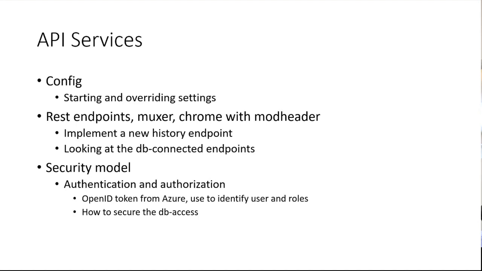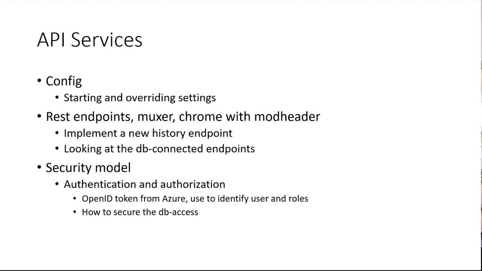But I was going to talk a little bit about the config, how we set up the system, and then the API service, which serves REST endpoints, how that works, how you can try it out if you have Chrome, and then inject some headers.